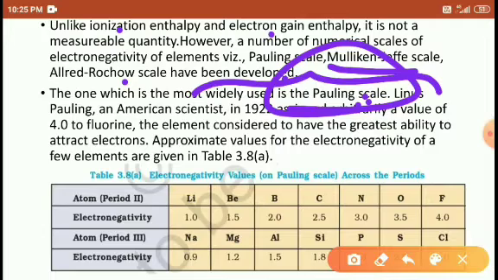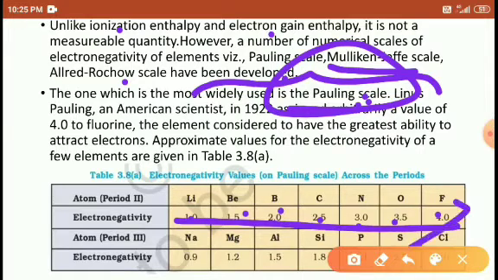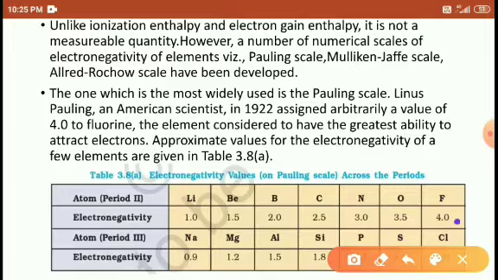The electronegativity values he mentioned are 1.0, 1.5, 2, 2.5, 3, 3.5, 4. Electronegativity increases from lithium to fluorine; fluorine has the highest electronegativity. I will give you an example. When you consider the fluorine and lithium bond, tell me, students, the pair of electrons moves towards which species?